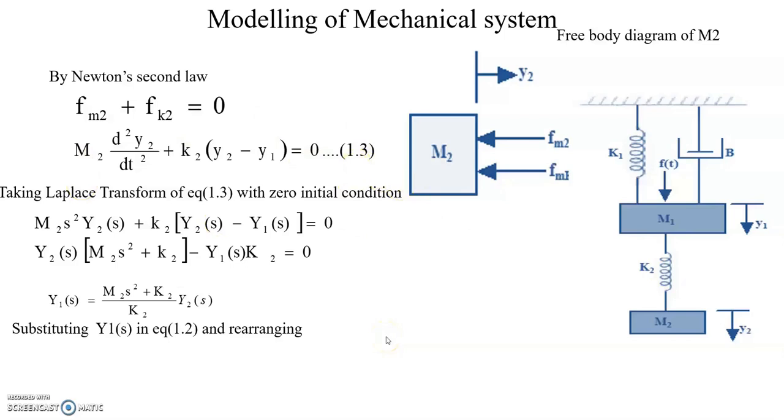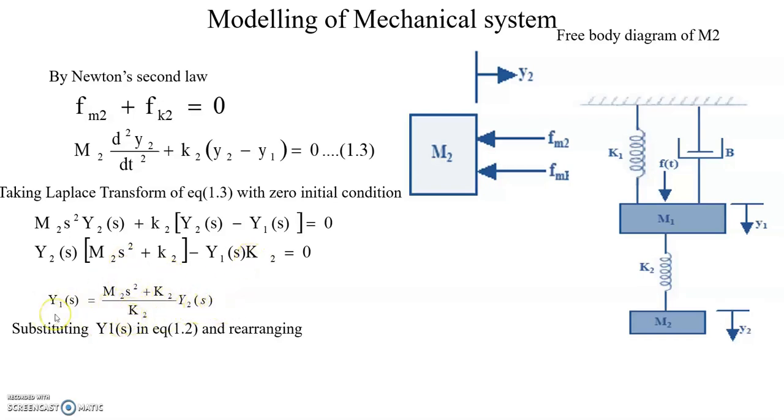Taking the Laplace transform of equation 1.3 with zero initial conditions: m2 s square into y2 of s plus k2 into y2 of s minus y1 of s equals 0. Taking y2 of s outside for these two terms: m2 s square plus k2, into y2 of s, minus k2 into y1 of s equals 0. Finding y1 of s from this equation, y1 of s is m2 s square plus k2 divided by k2, into y2 of s.